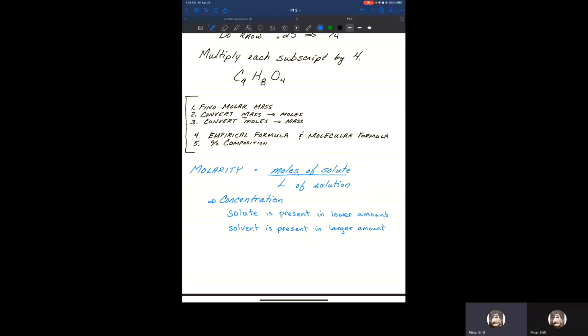If we're talking about a solid getting dissolved by a liquid, the solvent is what does the dissolving.